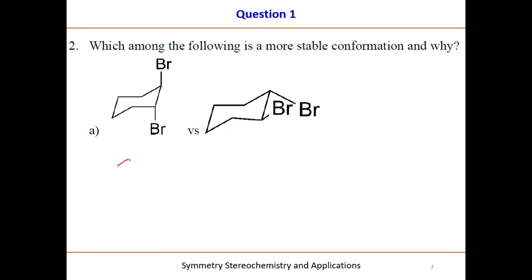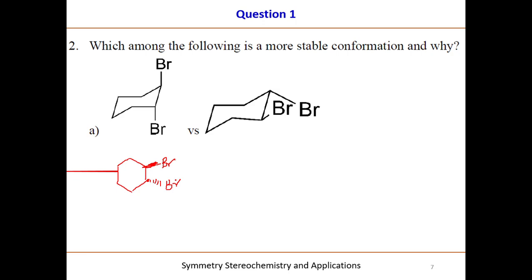If you are not understanding anything, you can ask me in between. This is above the plane. This is below the plane. So this is the trans form of 1,2-dibromocyclohexane.